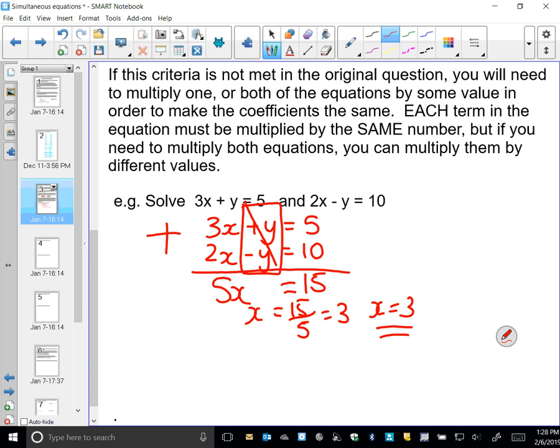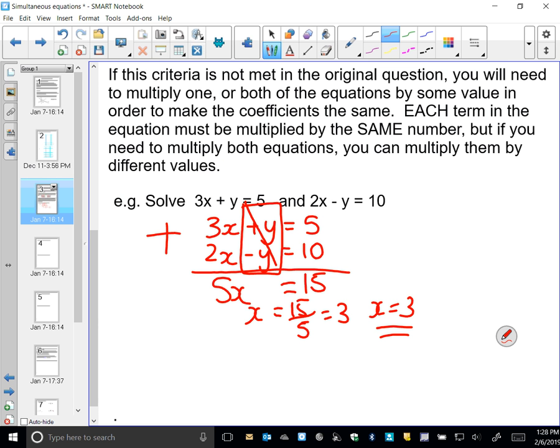You now get a choice though. You can substitute this value into either of these two equations in order to find y. If when you substitute your value into either of those equations you get a different answer, it means something's gone wrong, whether you've got the wrong value of x or you substituted incorrectly.